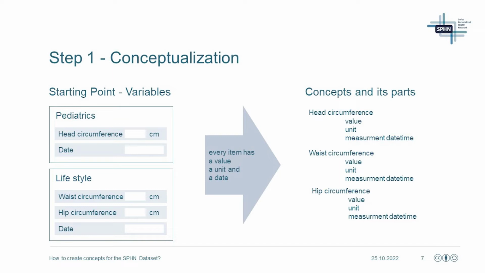Or in a lifestyle cohort, it can be waist and hip circumference that is recorded. Identifying the concepts we could say that head circumference is a concept, waist circumference is a concept, and so on. And we see that every item has defining parts, such as the value, the unit, and the measurement date time. This is what we call conceptualization.